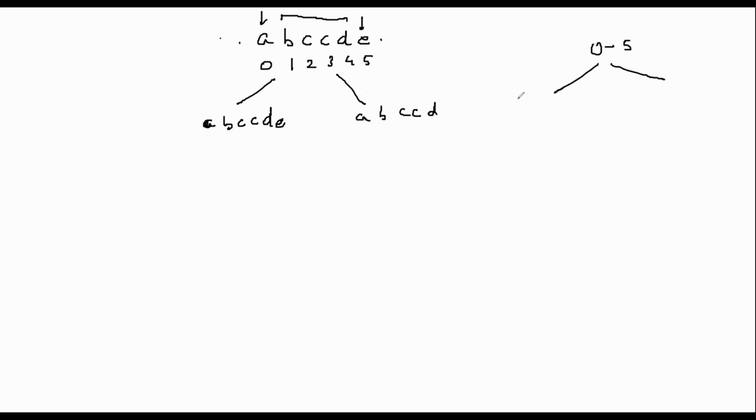If they're not matching, the problem left with us is 0 to 4 because we can add the last character at the beginning, or 1 to 5 because in this we are adding A at the end. So the problem left was this, right? Again, suppose 0th and 4th character are not matching.